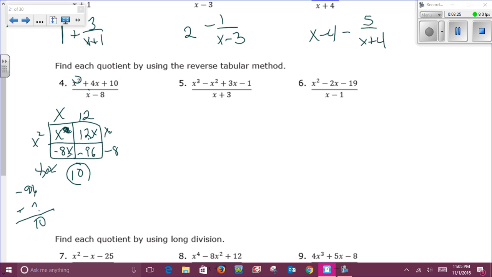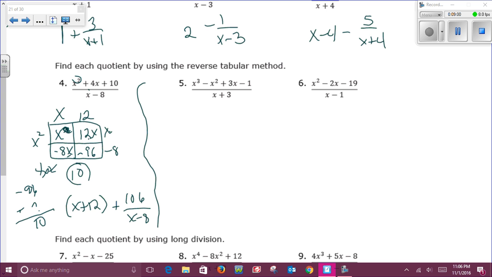Well, that would be a positive 106. So I have to add, so my answer is going to look like this: x plus 12. And then my remainder is going to be plus, like I said, negative 96 plus what gives me 10? Well, that would be positive 106. And I divided by x minus 8.